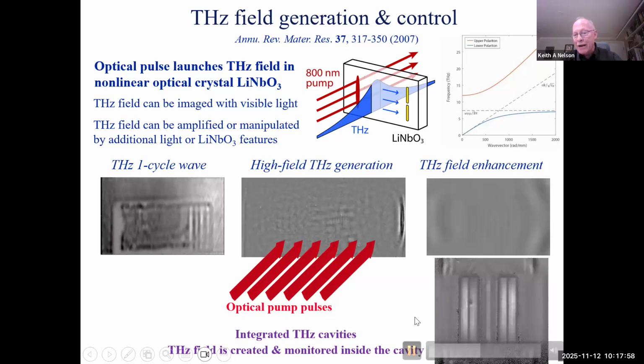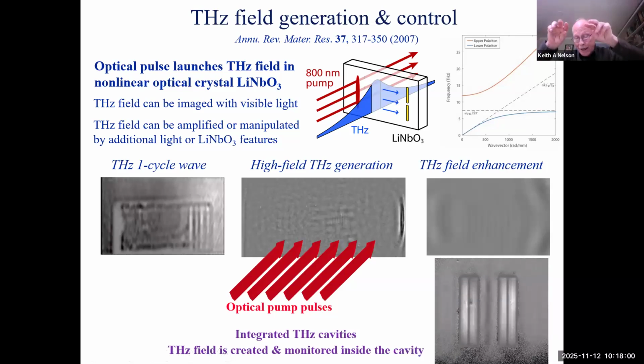What you're seeing on each side of the cavity are two trenches of air that have been laser machined right through the 50 micron thick lithium niobate crystal, because lithium niobate has a very high terahertz refractive index, about 5.1. So there's a huge index contrast.